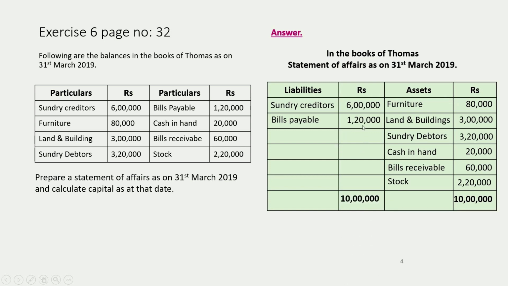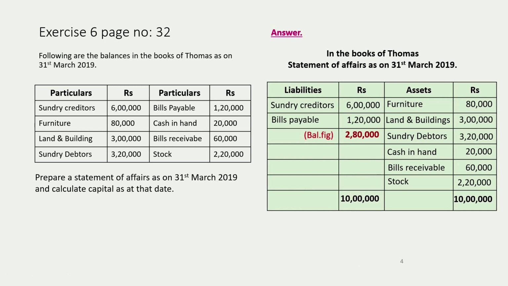Now some amount is missing here. What is that amount? Here, when you add these two, 6 lakhs plus 1,20,000, it is 7,20,000. Now you have to subtract 7,20,000 from 10 lakhs. You will get what? That will be your balancing figure. That is nothing but 2,80,000.